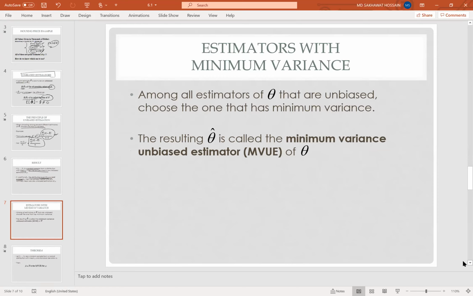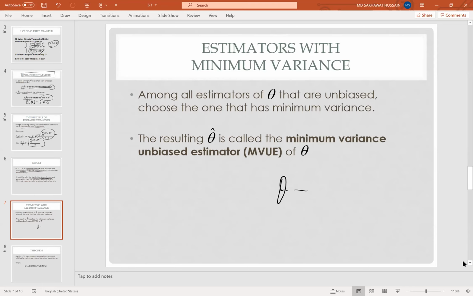Okay, then we have to look at the variance, and we consider the estimator which has minimum variance. Why minimum variance? Our parameter is theta. We always want a value which is very close to theta, right?